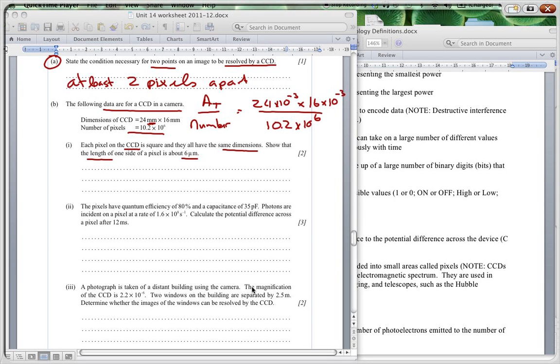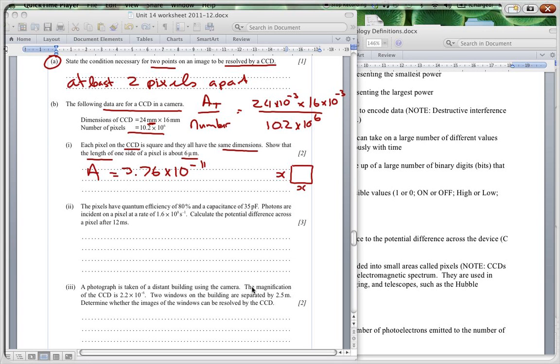So if we just do that on our calculator, we're going to have 24 exponent negative 3 times 16 exponent negative 3 divided by 10.2 exponent 6, and from that you get the area of 1 pixel is equal to 3.76 times 10 to the negative 11.